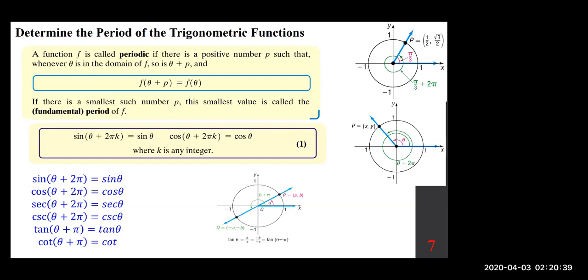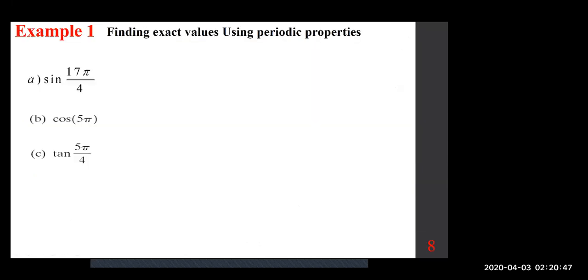So let's look at a couple of simple examples, starting with example 1. We are interested in finding sine of 17 pi over 4, when the angle is larger than 2 pi. Or if you look at the negative side, it's beyond negative 2 pi.